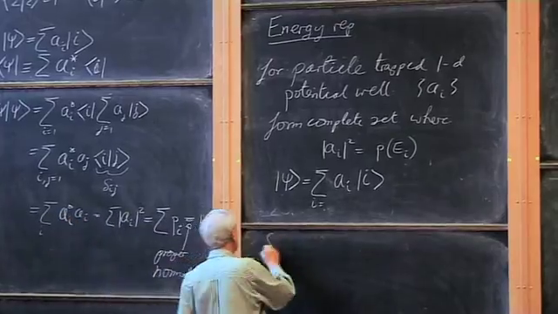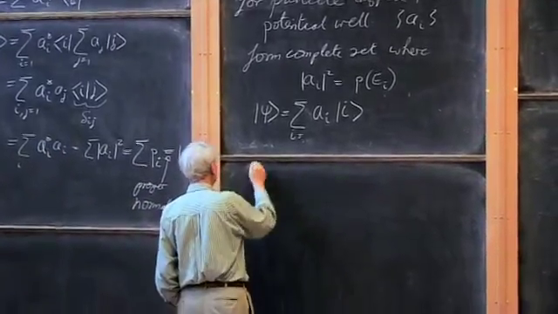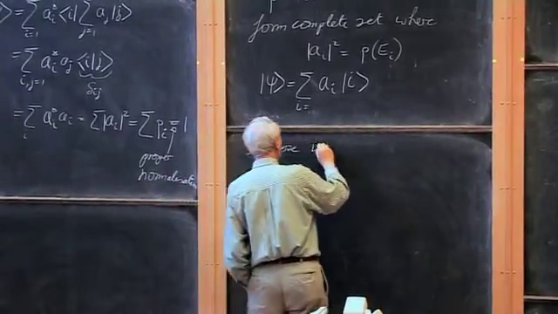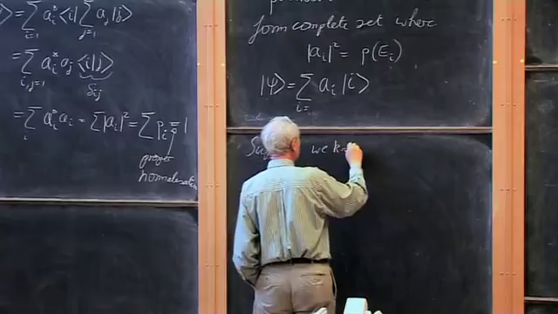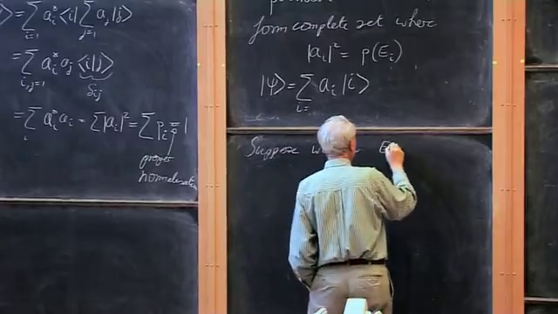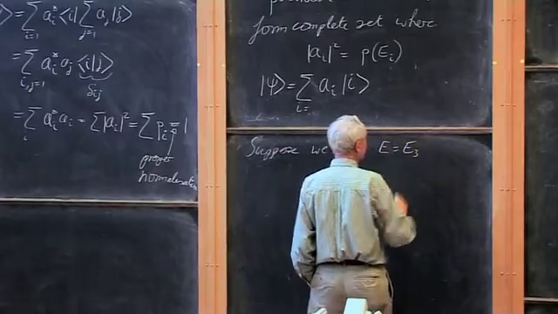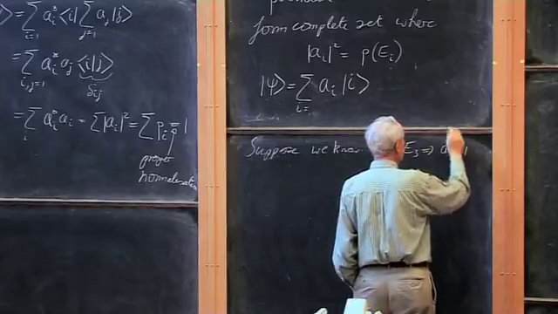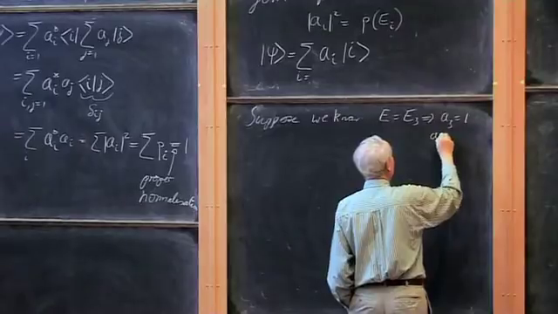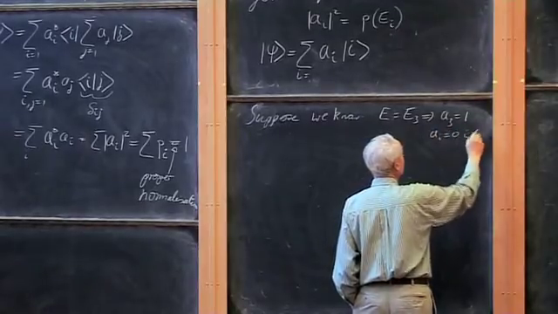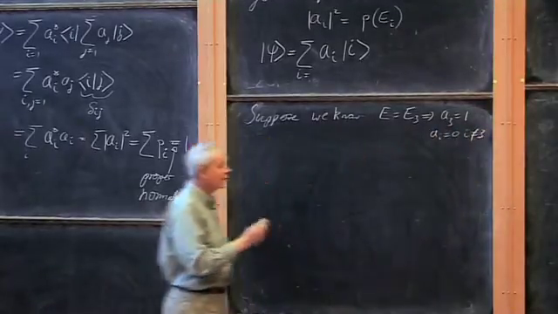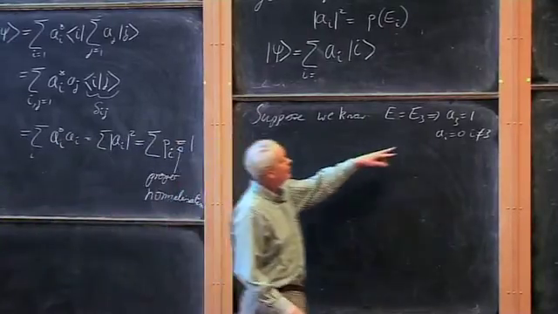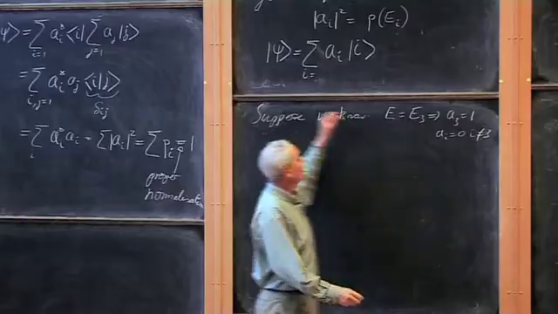Suppose we know the energy is actually E3. So that implies that A3 is 1 and A_i equals 0 for i not equal to 3. So supposing we happen to know that the energy is E3, then the amplitudes must be like this.